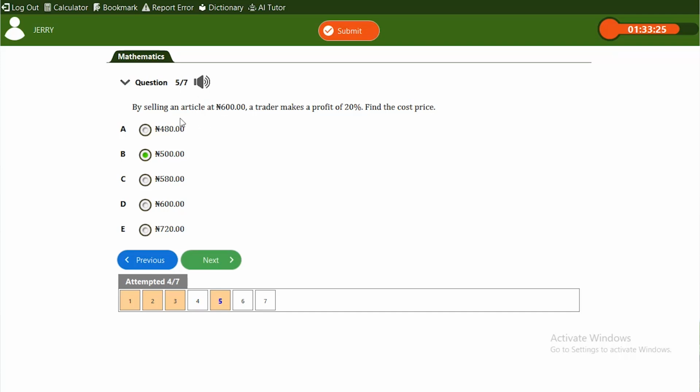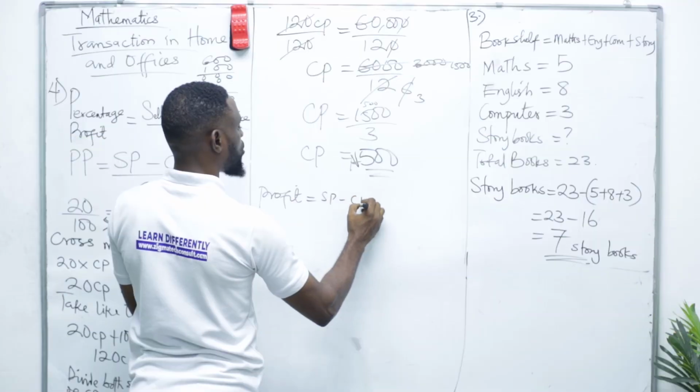So when the person sold it for 600 naira, the person made 20% profit. Let's see if that is true. Profit is equal to selling price minus cost price.